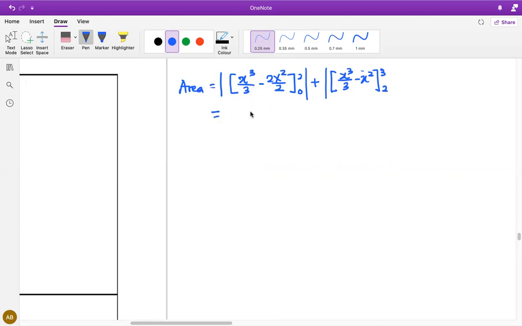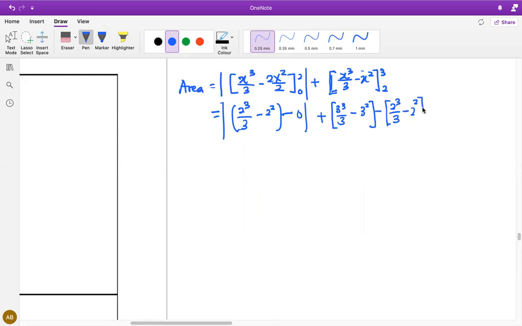So you substitute the value in. Okay, 2 cubed over 3 minus 2 squared, and then you minus 0. Then plus, okay, this one no need modulus, but if you use modulus, also no harm. So here you get 3 cubed over 3 minus 3 squared, minus 2 cubed over 3 minus 2 squared.